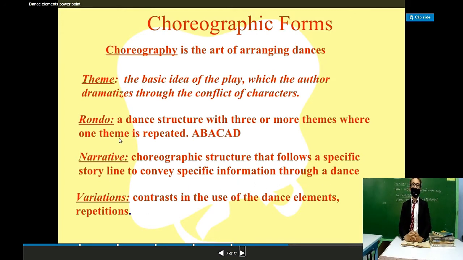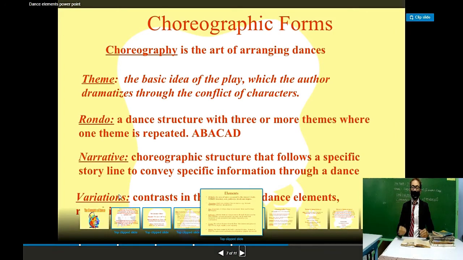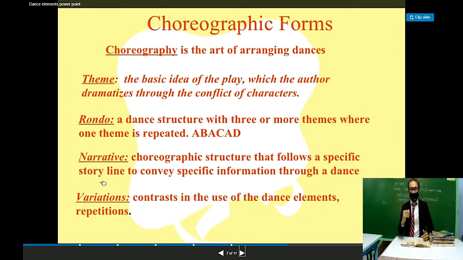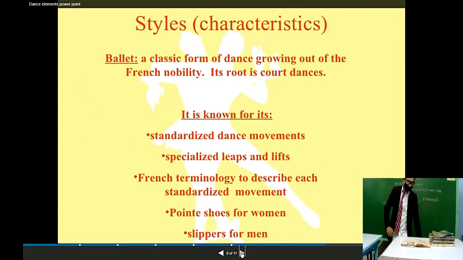What is a theme in choreography? It is the basic idea of the play, which the author dramatizes through the conflict of characters. Rondo is a dance structure with 3 or more themes, where one theme is repeated. The narrative is somewhat like a story about the dance.